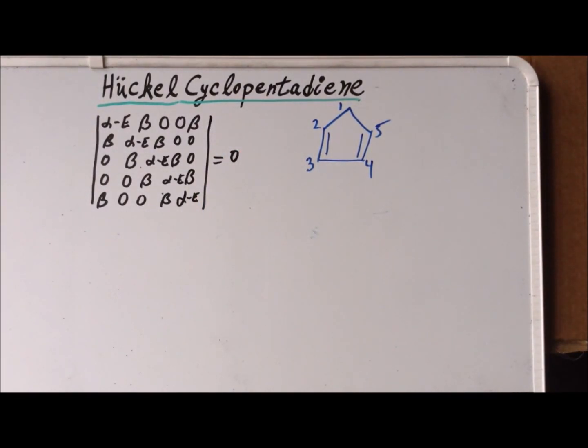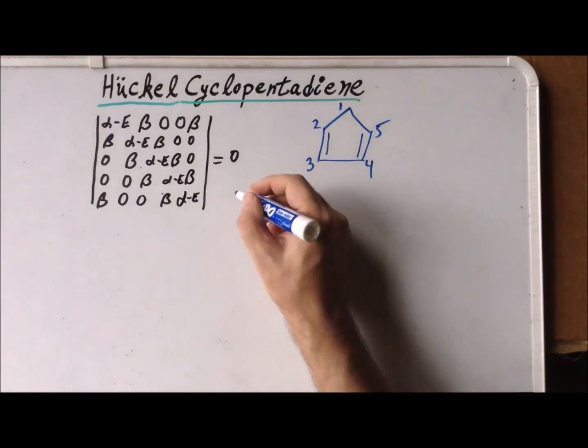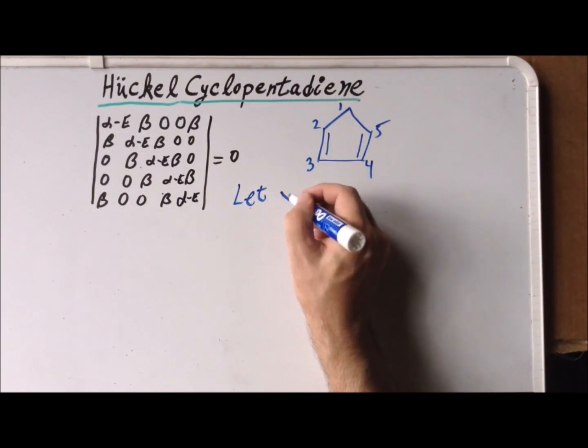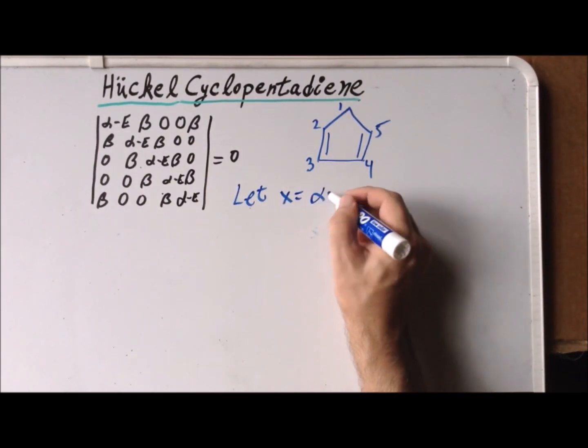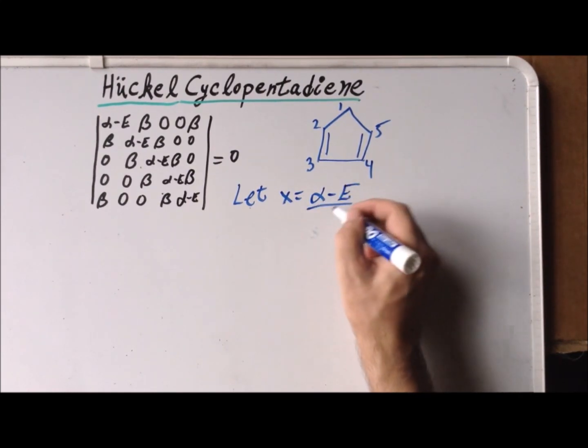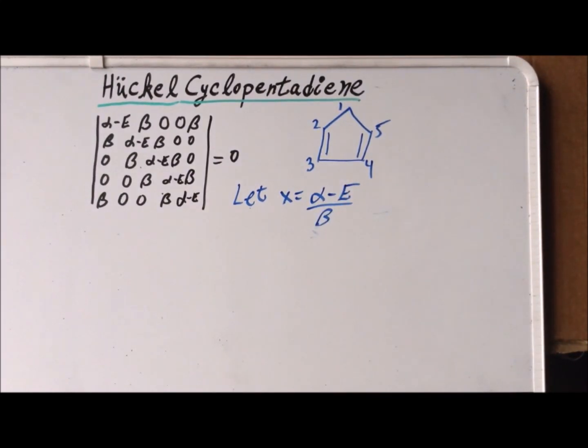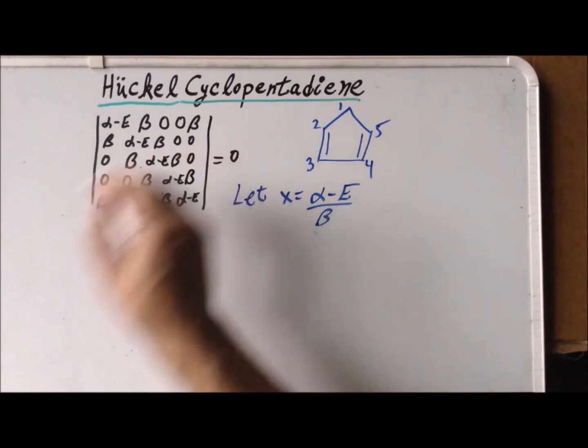Also recall that to aid our solution, we want to make a particular assumption, and that assumption is to let x equal the quantity alpha minus the energy divided by beta. If we make that particular substitution, our secular determinant becomes the following.